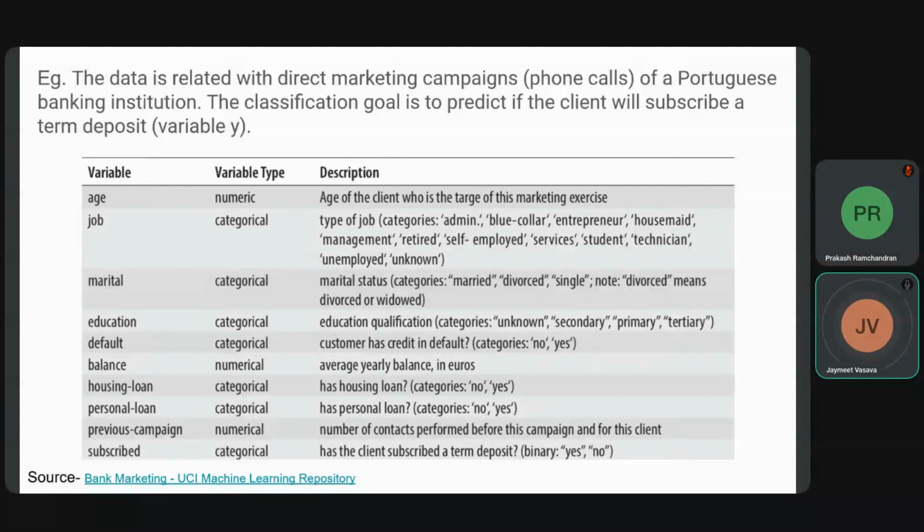The whole data set is a combination of numeric and categorical data. So job, marital status, education, default, housing loan, personal loan, and whether they subscribed to the marketing campaign of the bank or not. These are all categorical data that we'll be converting into dummy variables for use.